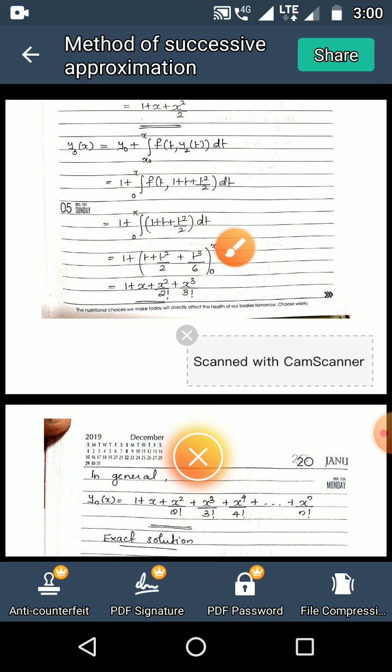By applying t equal to x and t equal to 0, the limits of integration, we get 1 plus x square by 2, that I can write x square by 2 factorial, and x cube by 6. x cube by 6 can be written as x cube by 3 factorial.